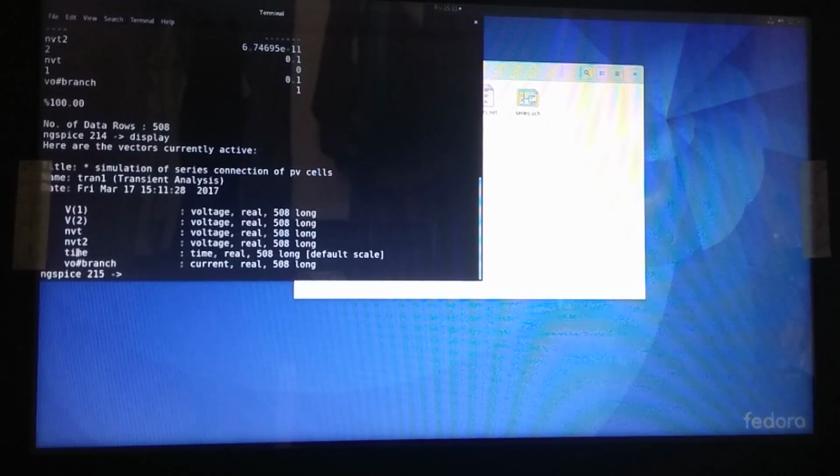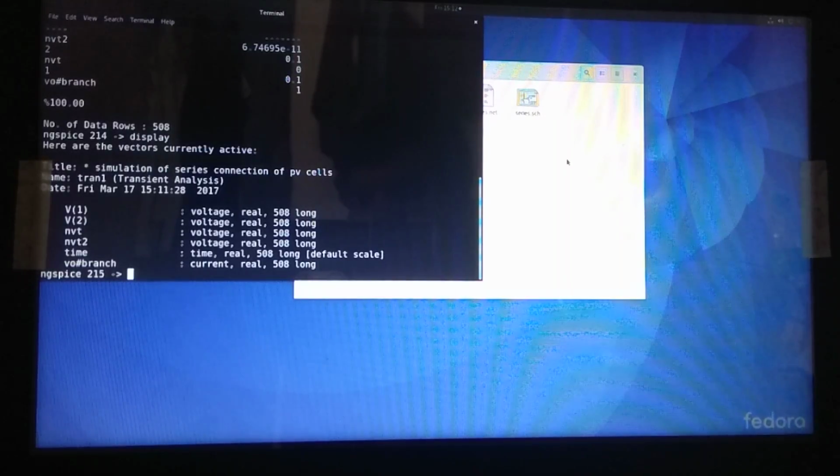So we are in ngSpice. ngSpice has used the run command, which was there in the .control statement. You can check the display and see that these are the vectors available for you to plot. Now we can plot and see the results. What is it that you would like to plot?